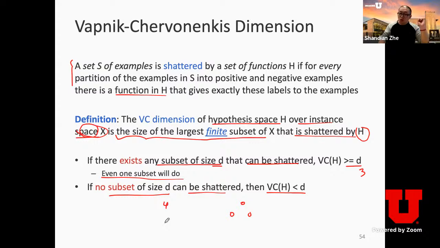You can show that any 4 points, no matter how you locate them, you cannot shatter them. Any 4 points cannot be shattered by linear classifiers. So the VC dimension of linear classifiers is less than 4. Then we merge these 2 points together, and the VC dimension of linear classifiers is actually 3. Does it make sense? By the way, here the linear classifier is in a 2-dimensional space, in a plane.